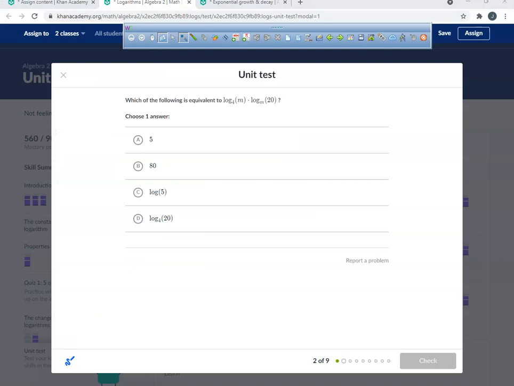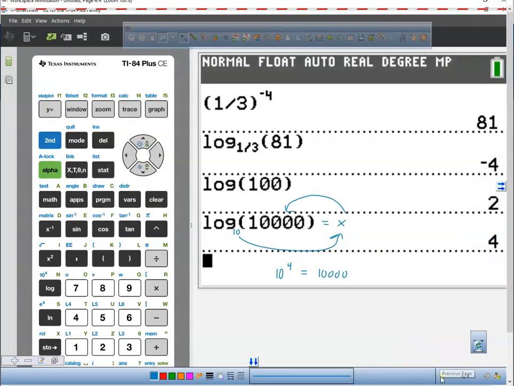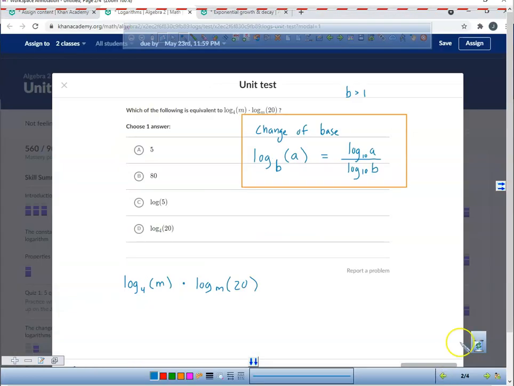Let me go back to my problem real quick. And there we go. Okay. So we're going to use what's called the change of base formula. So check this out. I'm going to put log of m over the log of 4.